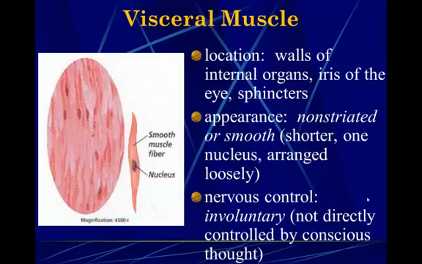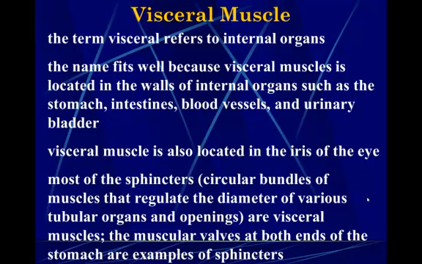The iris of the eye is the colored portion of your eye, and your internal organs, like your stomach, your small intestines, your esophagus. The nervous control is involuntary. You do not consciously control your stomach digesting, or the food moving through your esophagus, or the blood moving through your blood vessels.